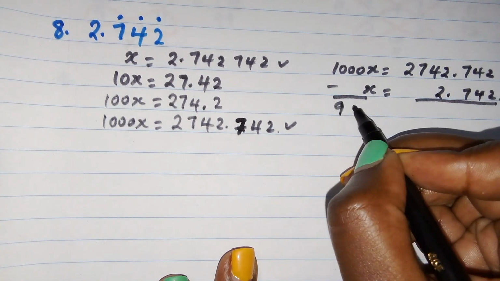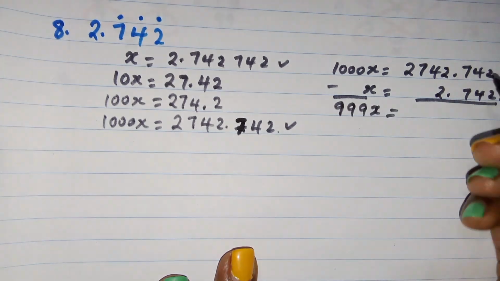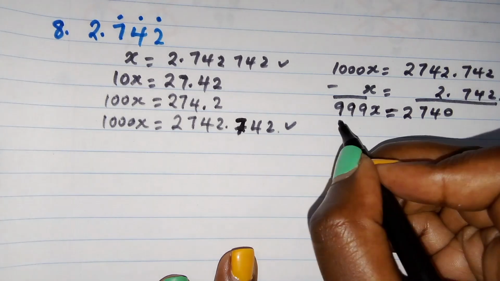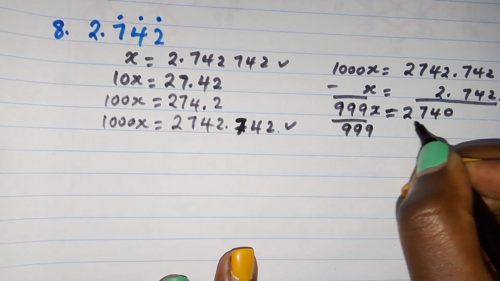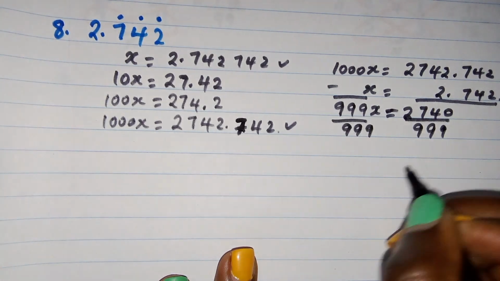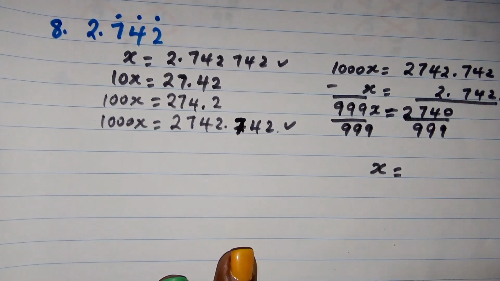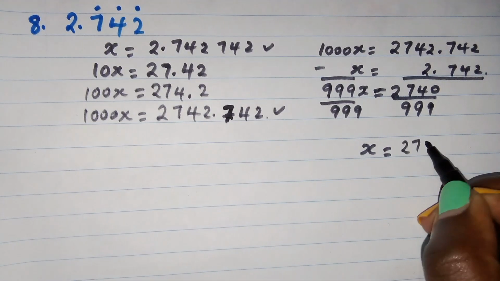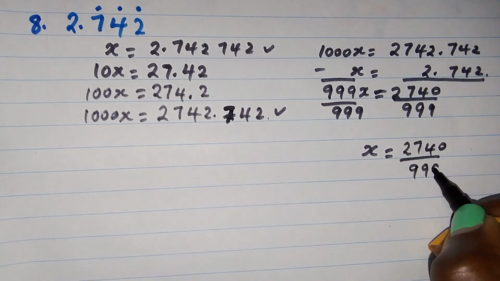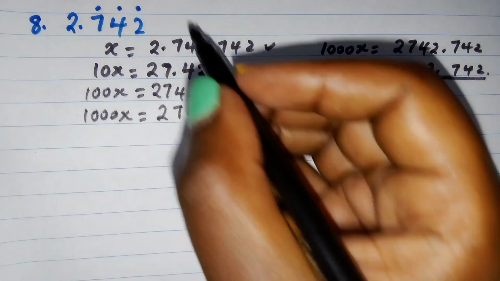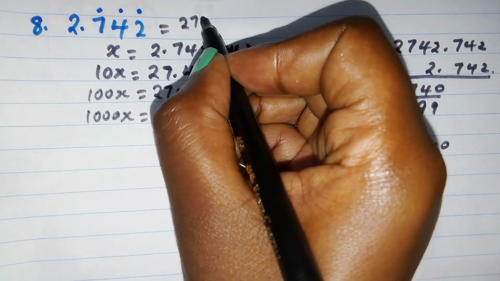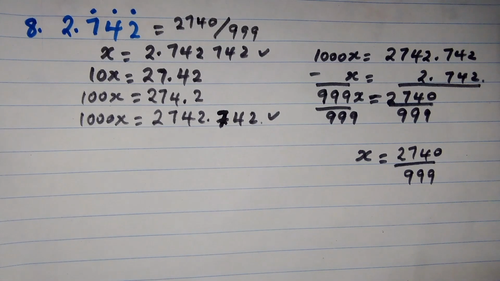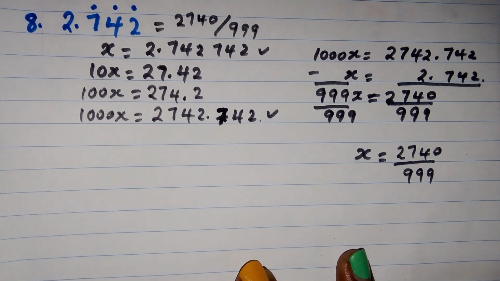Minus, you get 999x equals 2740. Divide both sides by 999, and x equals 2740 over 999. Here we cannot simplify it, so we leave it as 2740 over 999. So that's our answer for this one, 2740 over 999. So that marks the end of our lesson today on recurring decimals.